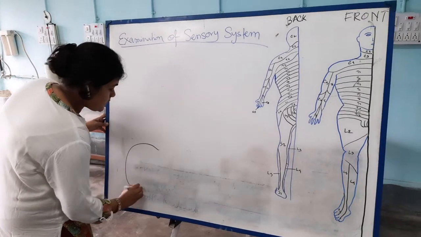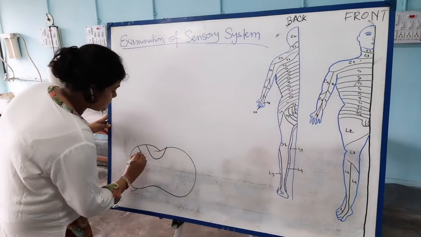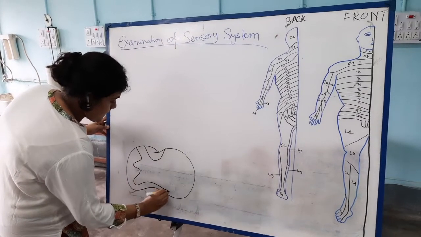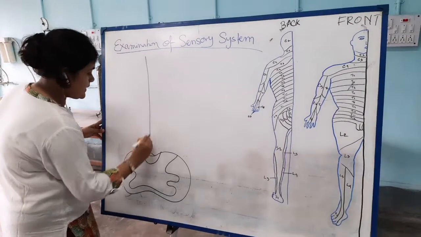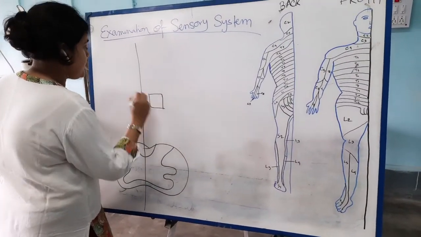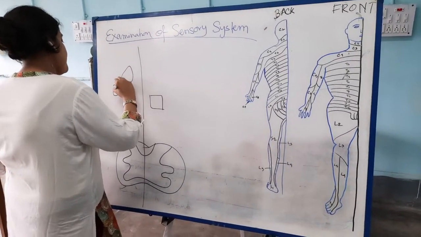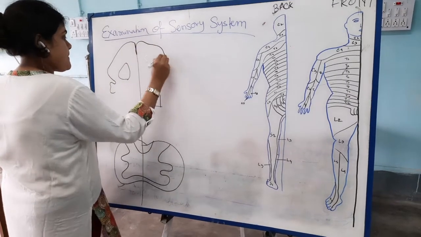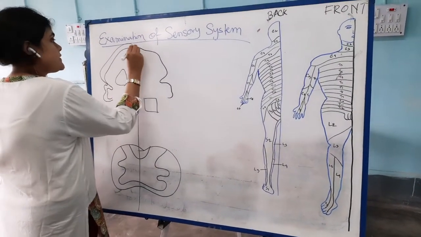So if I draw a very easy diagram, say this is midline, this is the spinal cord, here lies brainstem, thalamus, sensory cortex.